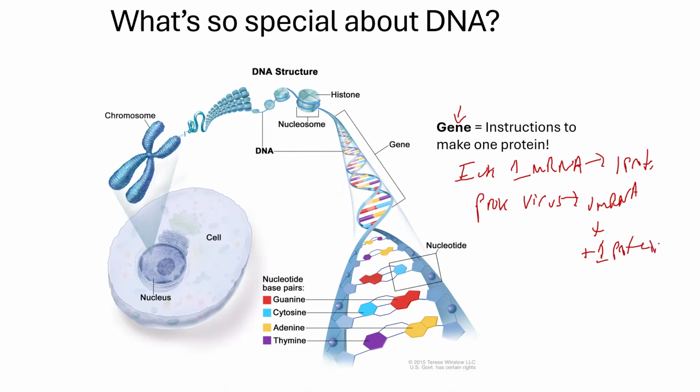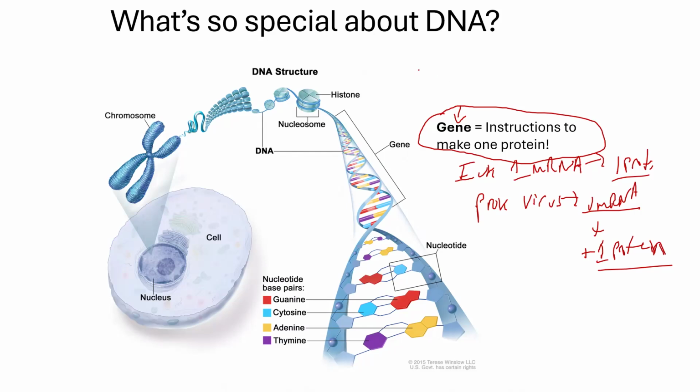But even in these cases, whether we have one mRNA, one protein, or one mRNA, multiple proteins, what defines each individual protein? That is the dimensions, the edges of a gene.